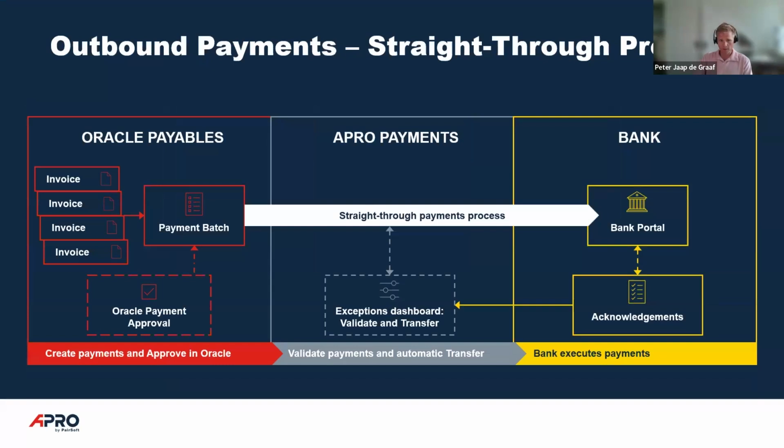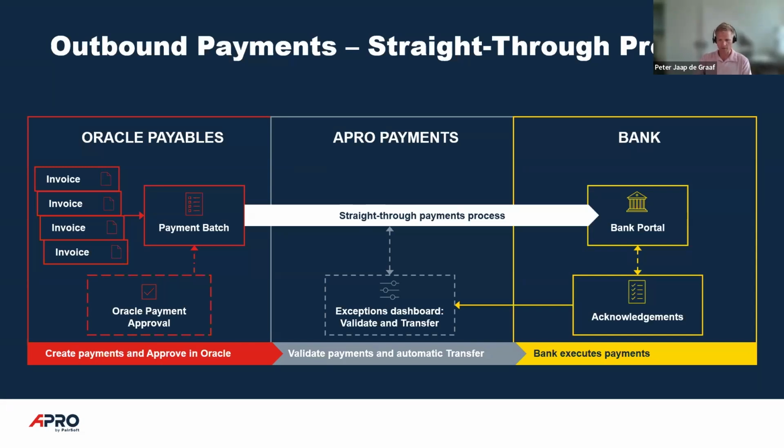This is how it looks for the payment outbound. We pick up invoices. Eventually the invoices need to be paid because they are due. We create a payment batch, and the payment batch goes to APRO. APRO creates the right format and it moves straight to the bank with a host-to-host connection, or the connection that you need for that specific bank. Then if the bank accepts it, you will get the acknowledgement files back, and the acknowledgement files go straight to your customers.